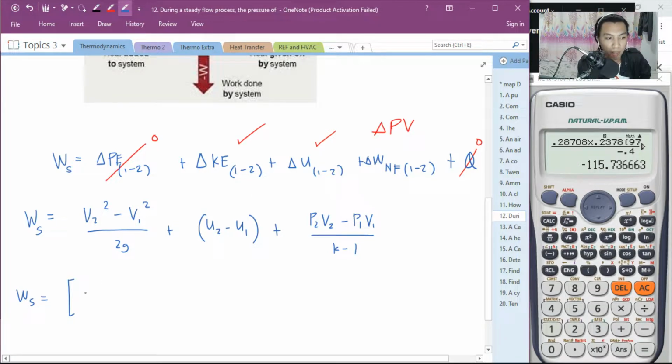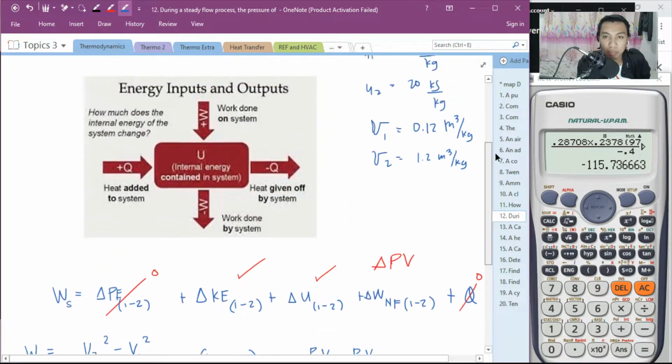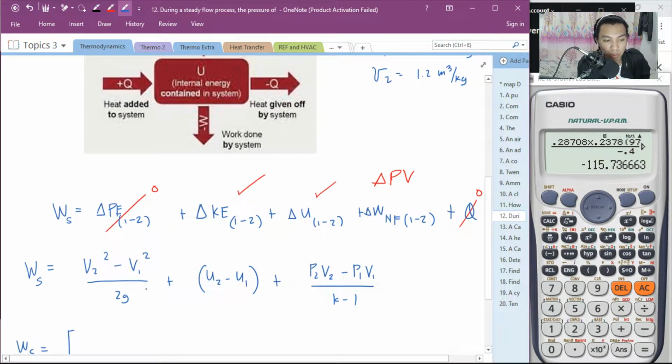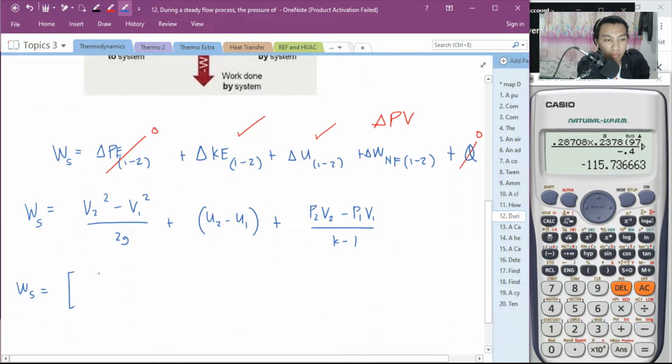Let us try. V2 is 1,200 meter per second squared minus 120 meter per second squared. Square that. Then 2 times 9.81 meter per second squared.